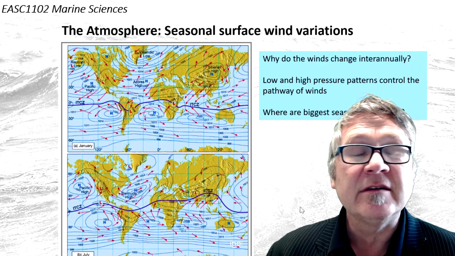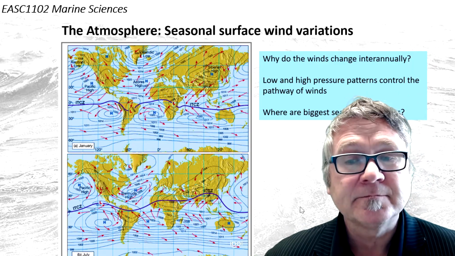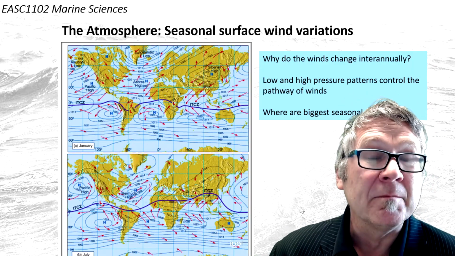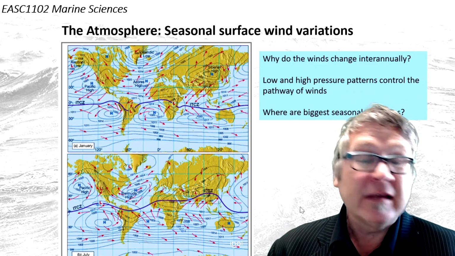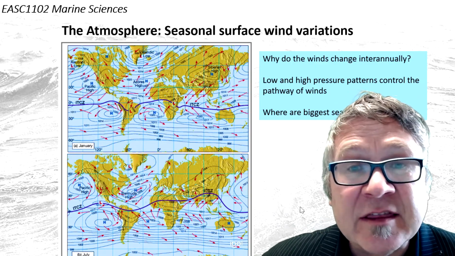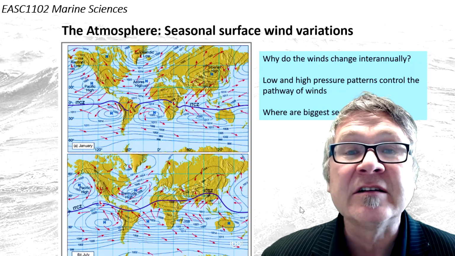So you get seasonal changes of the exposure to the sun, or the daylight hours, and that results in changes in the air density and creates different types of seasonal variations in the wind distribution.